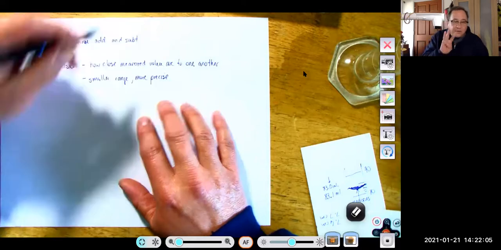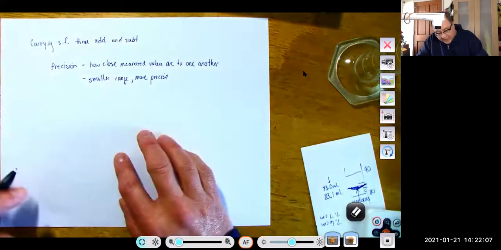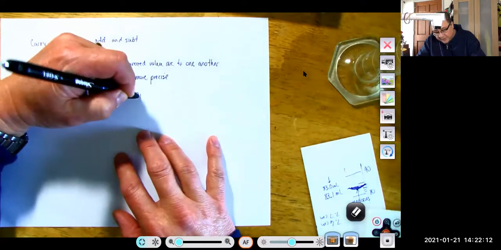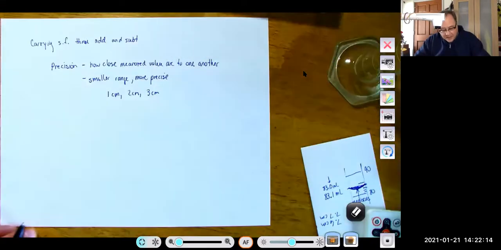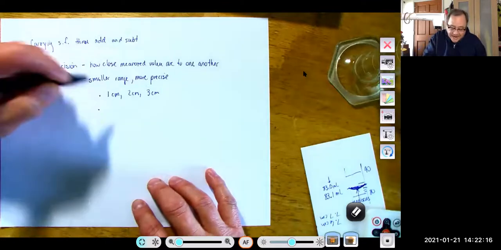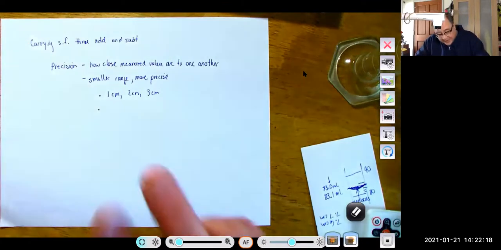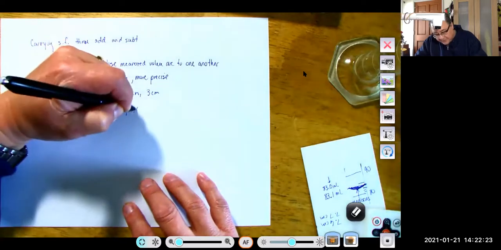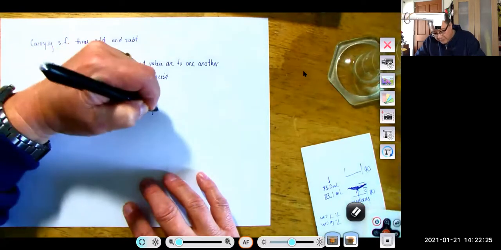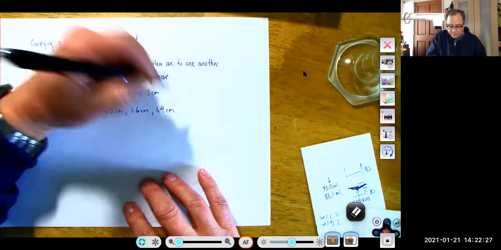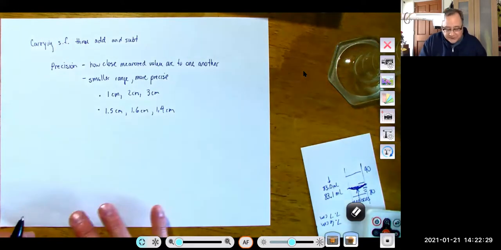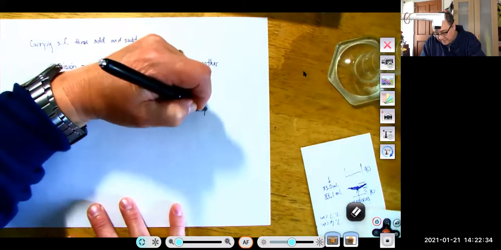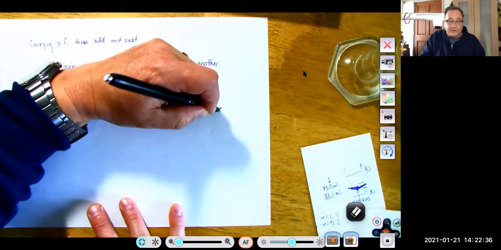So if we have 3 values collected and one person gets 1 centimeters, 2 centimeters, and 3 centimeters, and another person measures the same thing 3 times and they get 1.5 centimeters, 1.6 centimeters, and 1.4 centimeters, which set is more precise? And the answer is this is more precise.